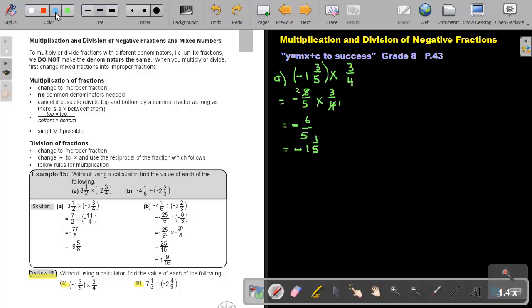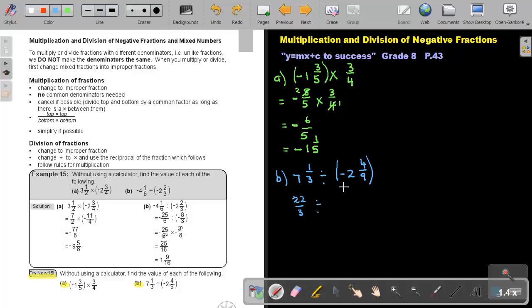Let's look at number B, which is a division sum. So 7 and 1 over 3 divide negative 2 and 4 over 9. Now, if I look at this one, I'm first going to make it improper fractions. So 7 times 3 is 21, plus 1 will be 22 over 3.